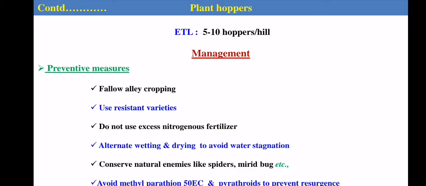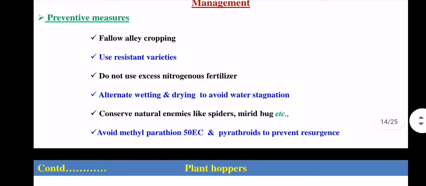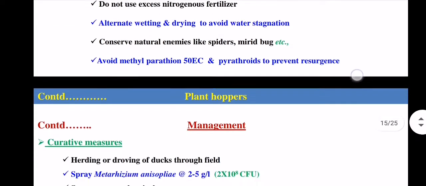Do not use excess nitrogenous fertilizers, meaning do not use extra or excess urea fertilizer. Then alternate wetting and drying to avoid water stagnation. Then avoid methyl parathion or pyrethroid chemicals to prevent resurgence.